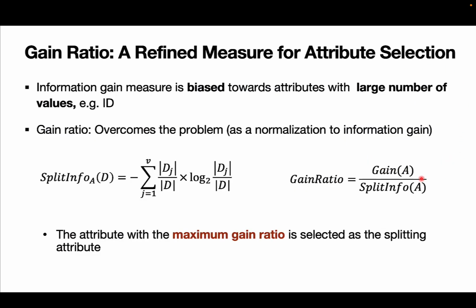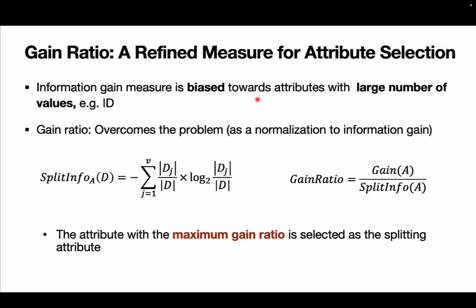It's wonderful that we covered the basics of information gain, and we still have one issue to discuss. The issue with information gain as a measure is that it's biased towards those attributes which are going to give a larger number of values.